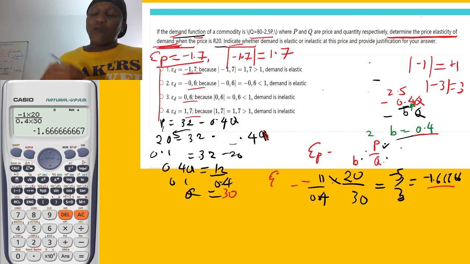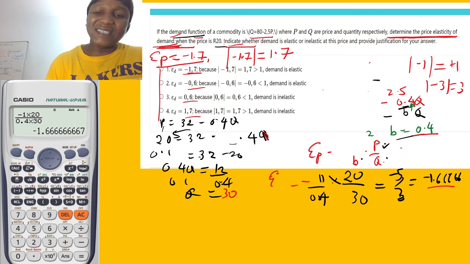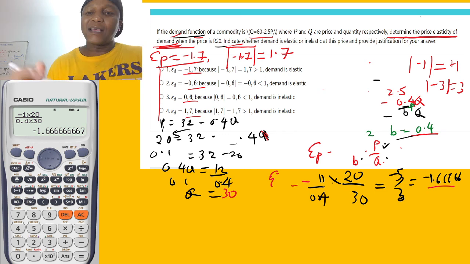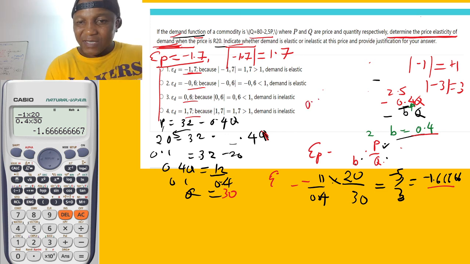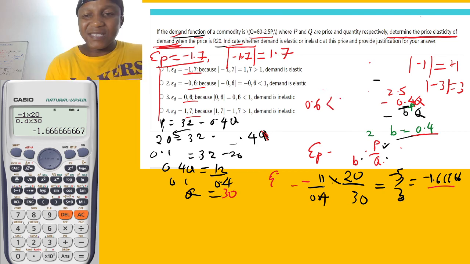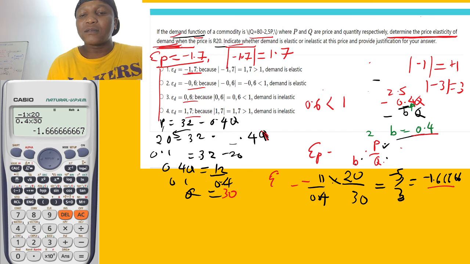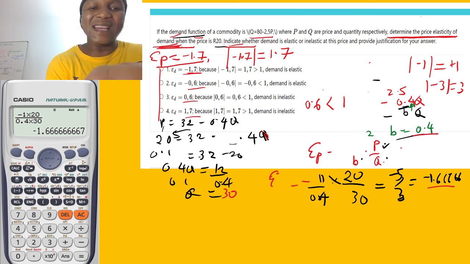To determine whether something is elastic or inelastic: if somebody has 0.6, we know this is less than 1, so it is not elastic. But if it's bigger than 1, then it is elastic.